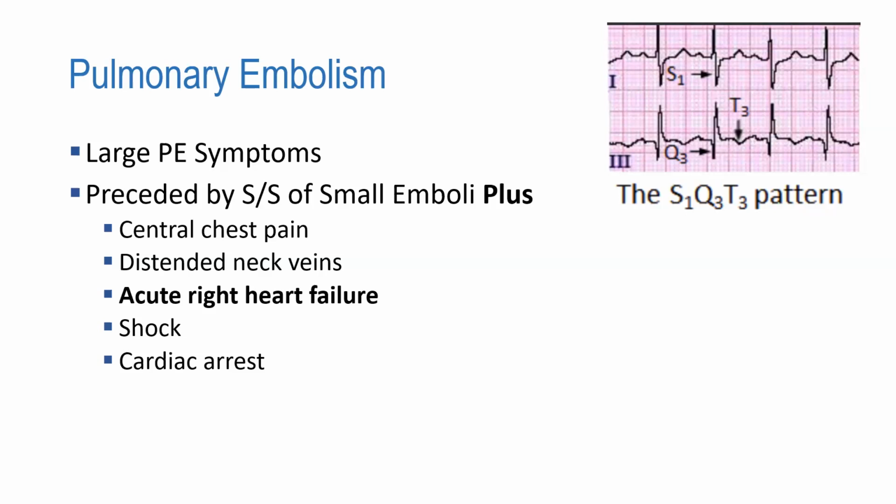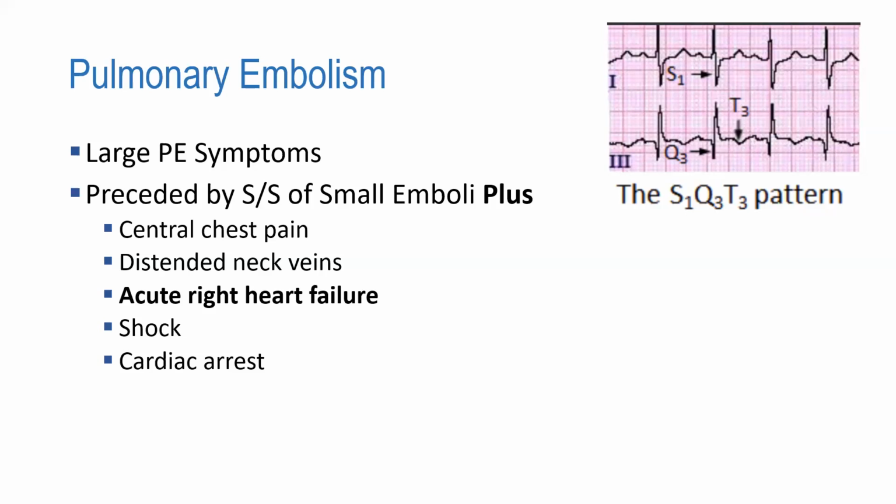So you may have started as a small PE and now it's submassive because all the blood that goes by it is actually depositing platelets and red cells to a very sticky weed that's there. So you started with a small and now it got bigger. Now it's submassive and then it becomes massive, right?